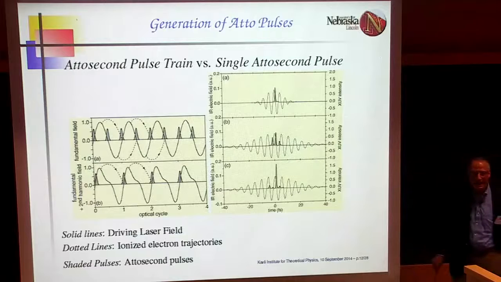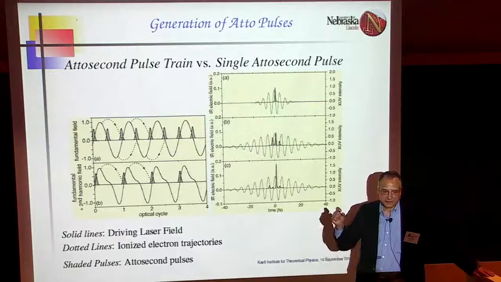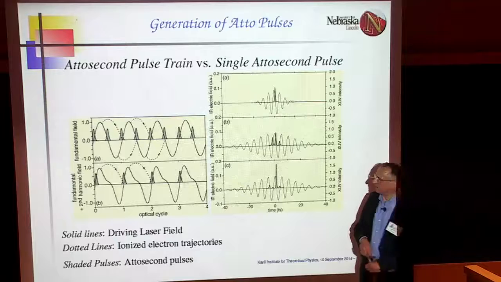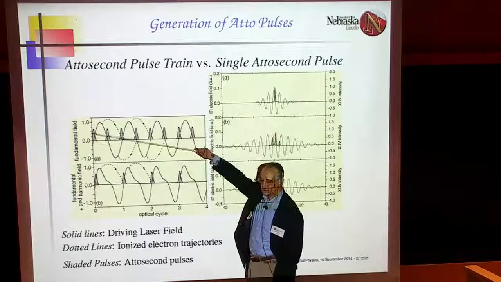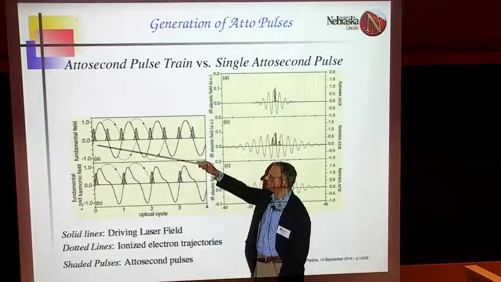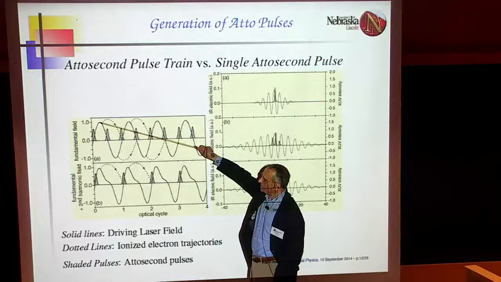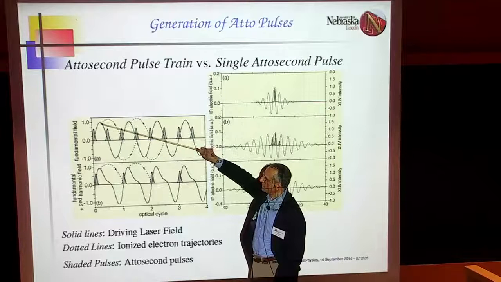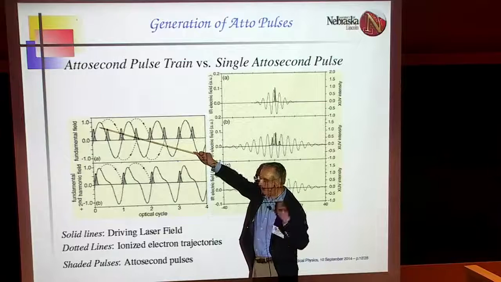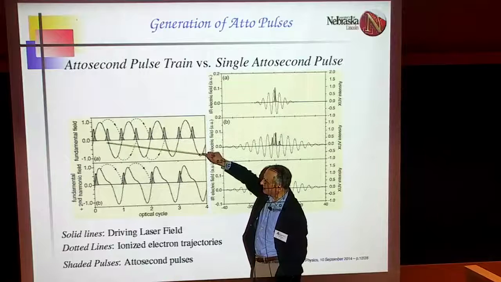Now, how do we get attosecond pulses, which are short pulses, to illustrate electronic or molecular motion? What happens, and the next several slides are going to come back and explain in more detail, so this isn't the only slide explaining this. But when the electric field becomes strongest, this dotted line shows that an electron can be stripped from an atom, ionized, and it accelerates away, and then the laser field changes sign.